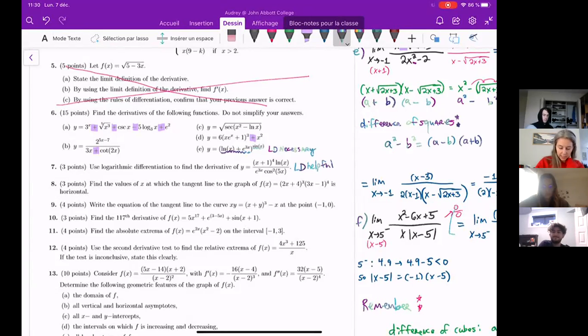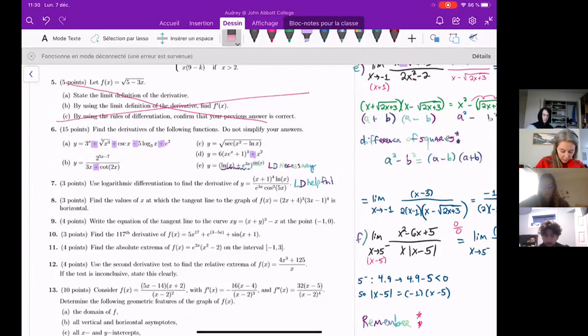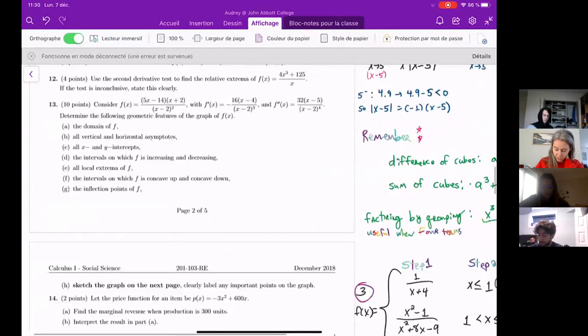All right, so we're going to do 6a. I have 3 to the x plus the 5th root of x cubed plus cosecant x.